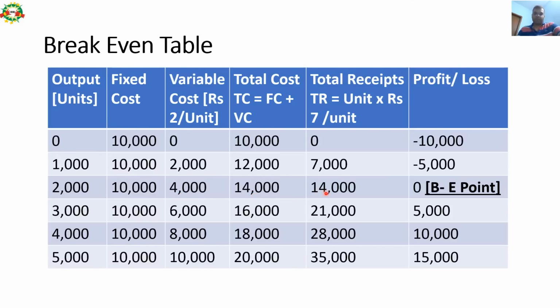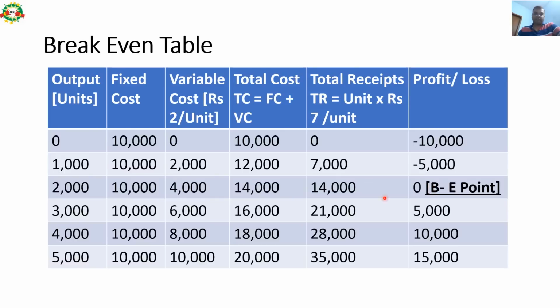Here the company will be able to sell these 2,000 units at the rate of 7 rupees per unit. That means total receipt to the company will be 14,000. Since total cost and total receipt are equal, the company will not register any loss or profit at this point, and this point is called the break-even point.